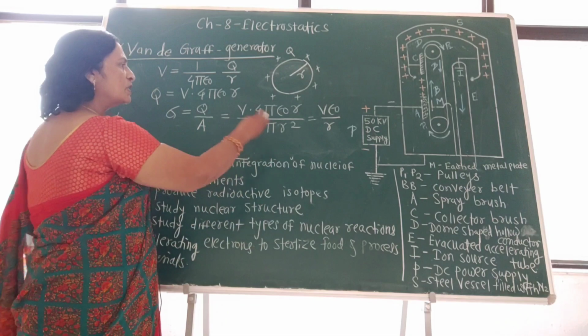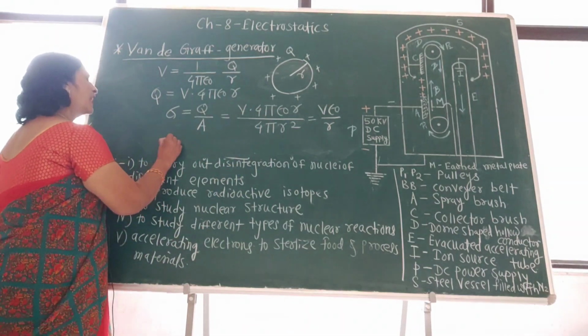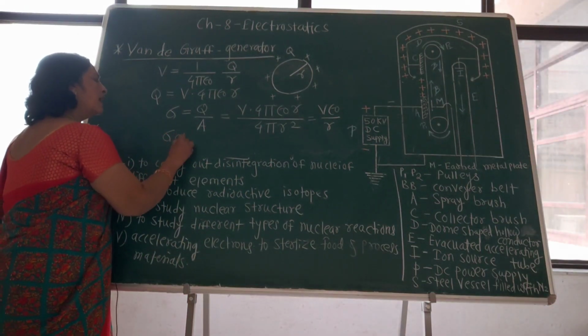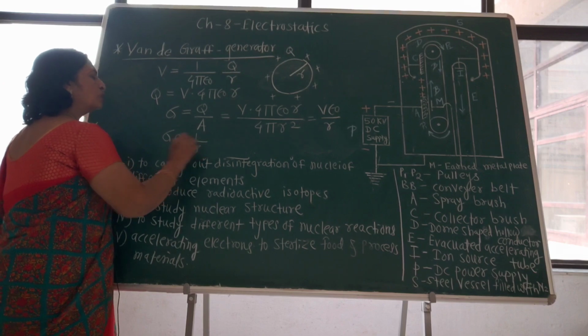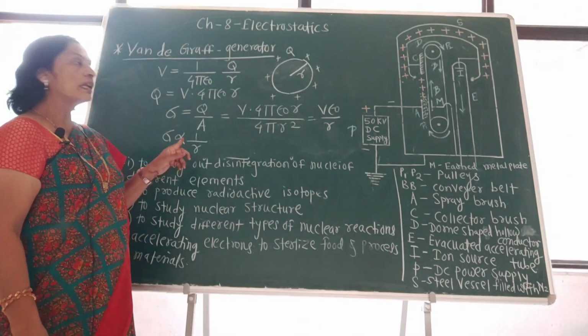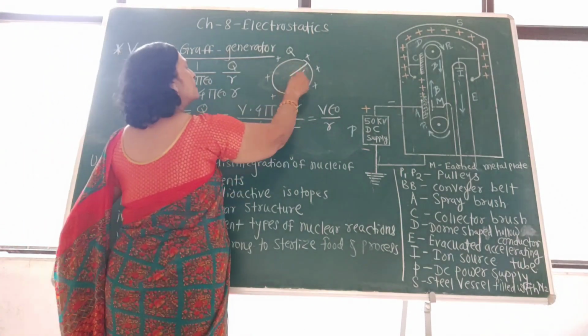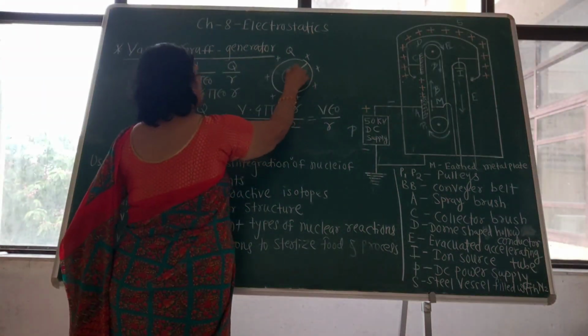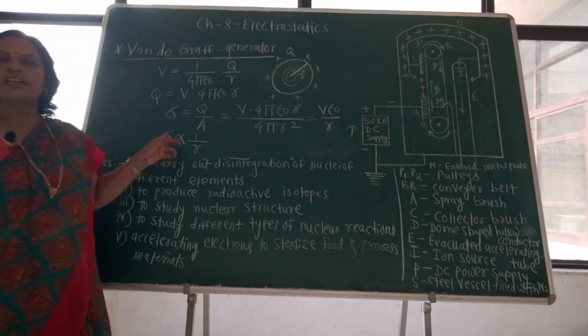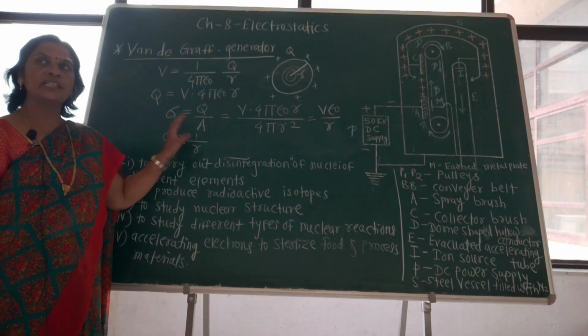If we remove these constants, we can say that sigma is inversely proportional to R. As the radius of the sphere goes on decreasing, the surface charge density goes on increasing.